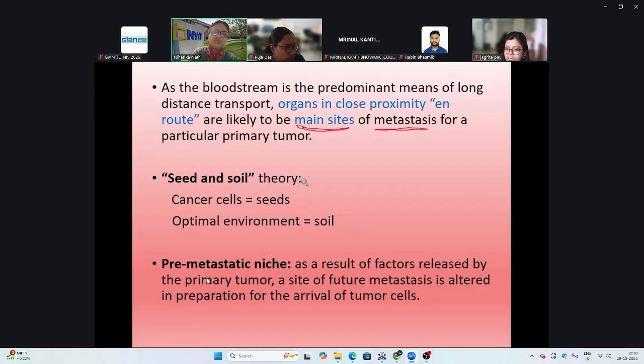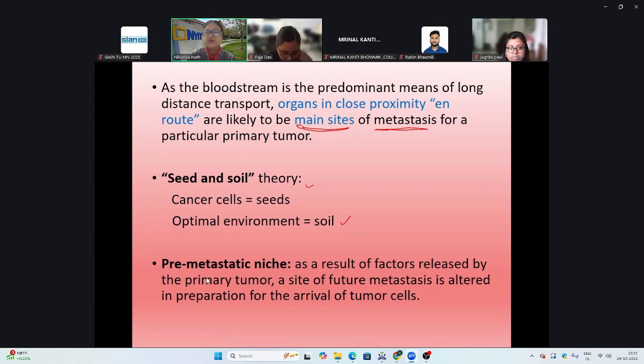So the seed-soil theory, this is an old theory. The seed-soil theory means that the cancer cells are the seeds, and there has to be some kind of optimal environment, which is the soil. So the tissue that these cancer cells go to through the blood has to have some kind of convenience.